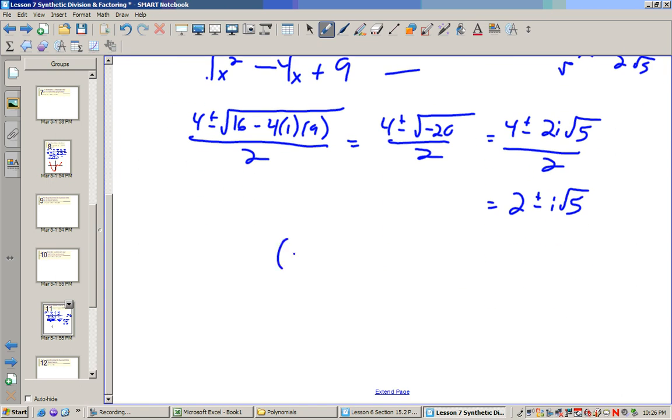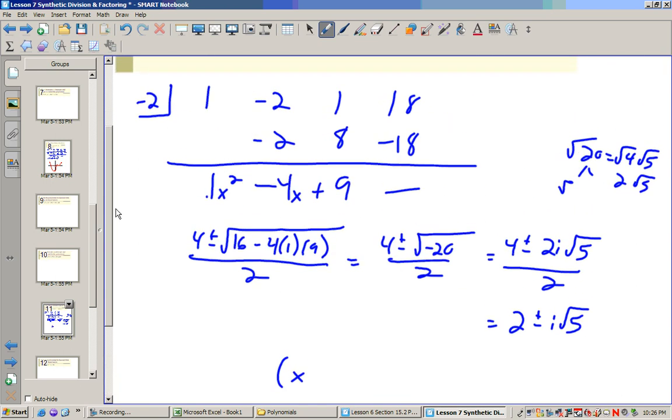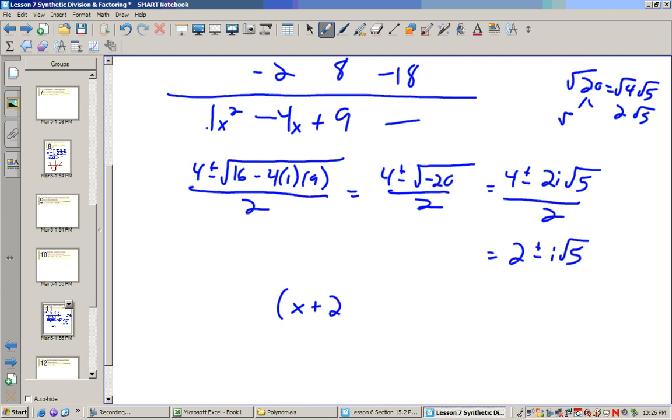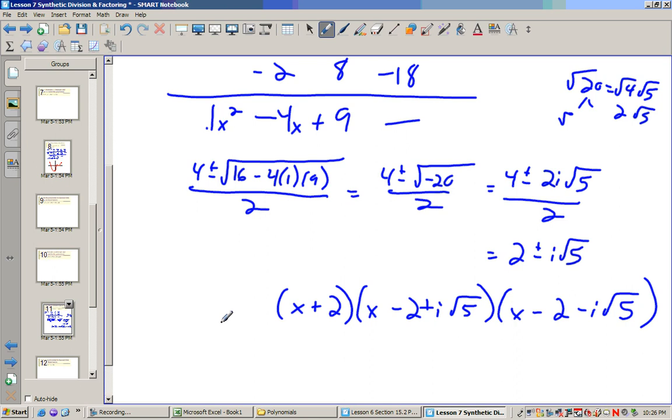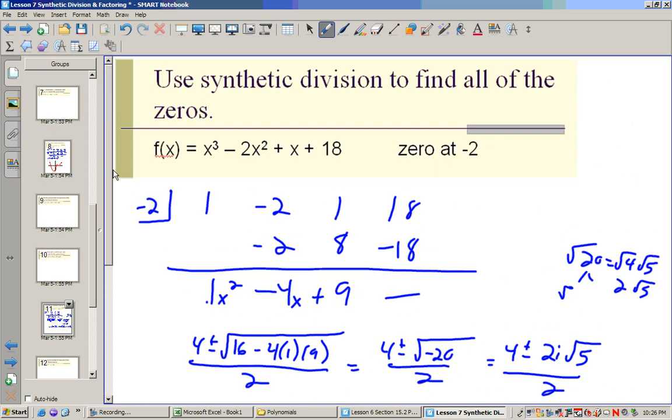So my real zero, -2, that's going to be x plus 2. Then this would be x minus 2 plus i root 5. x minus 2 minus i root 5. And this is writing it as a product of linear factors.